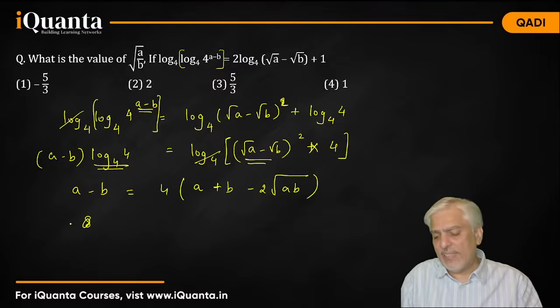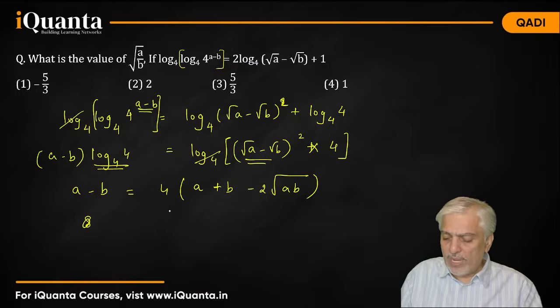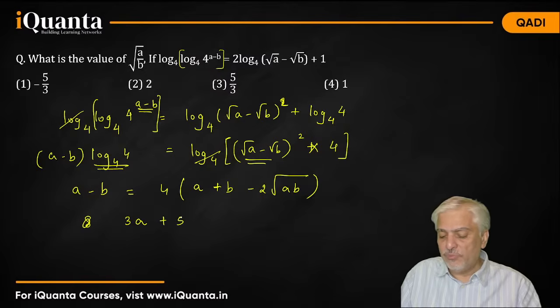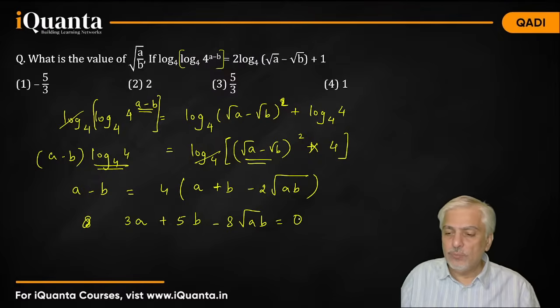Bring everything on one side. Okay, so I will have 4A minus A is 3A, 4B plus B will become 5B, minus 8 root AB is equal to 0.